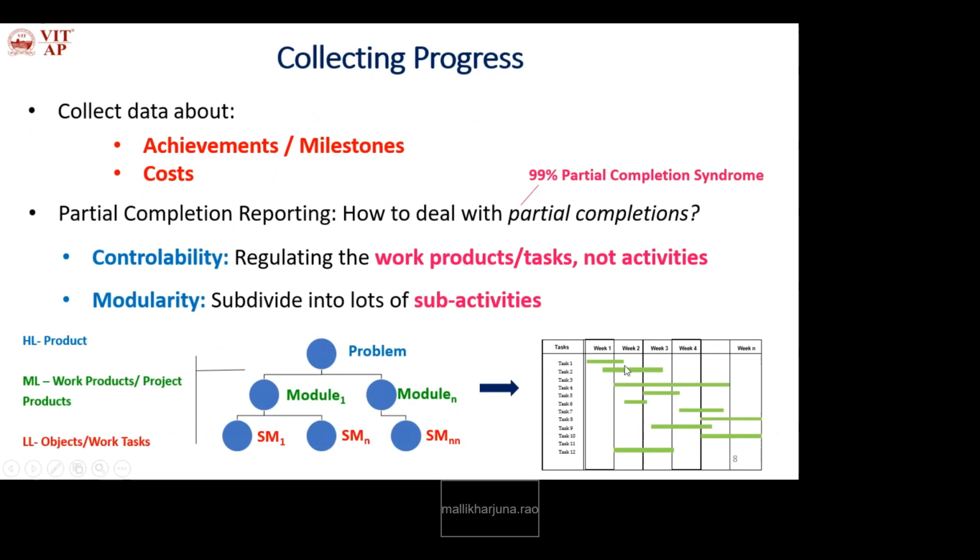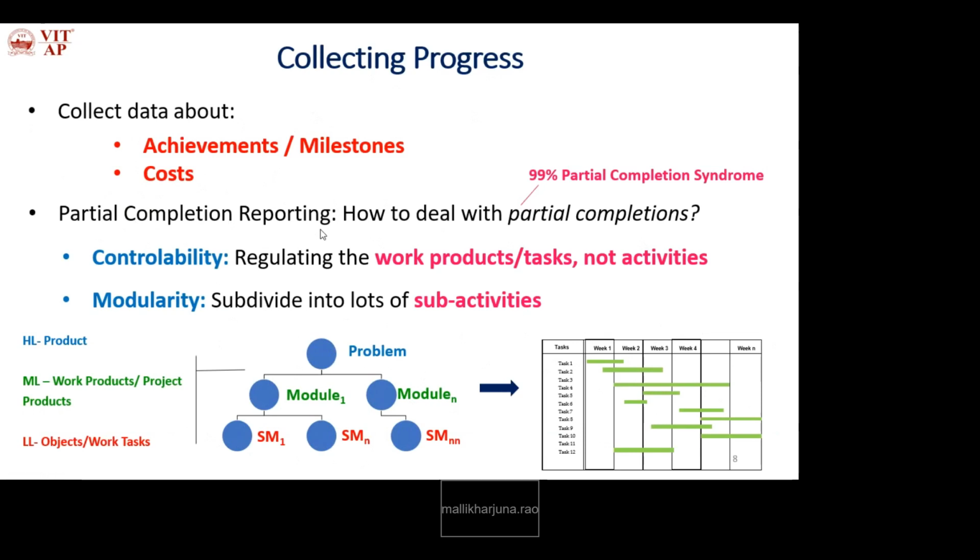Okay, so in between this, when we are developing the project from day 1 to day end, during the development some of the tasks are stopped due to the presence of critical activities. Those are called partial completion reporting.